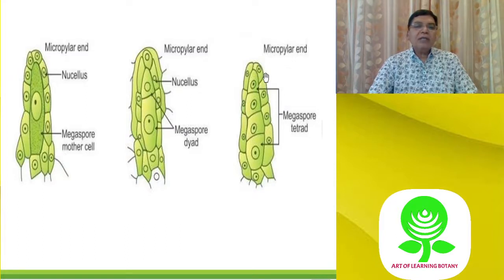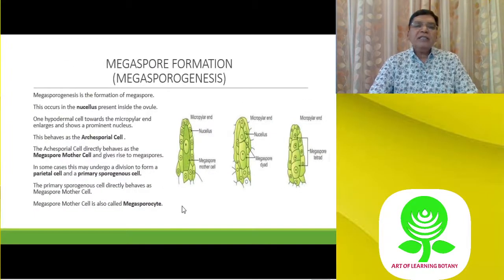So this is the common type of development. The top 3 cells, towards the micropylar side, degenerate, because the megaspore always develops towards the micropylar side. The last one, towards the basal side, remains functional. The other 3 degenerate and it becomes a functional megaspore.